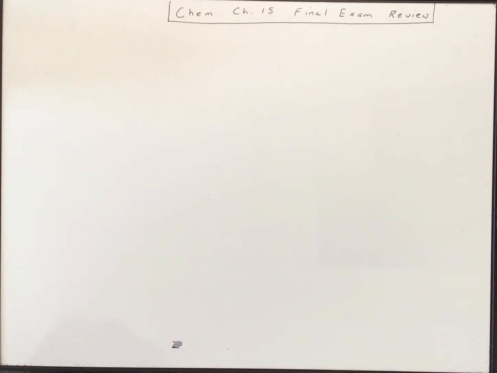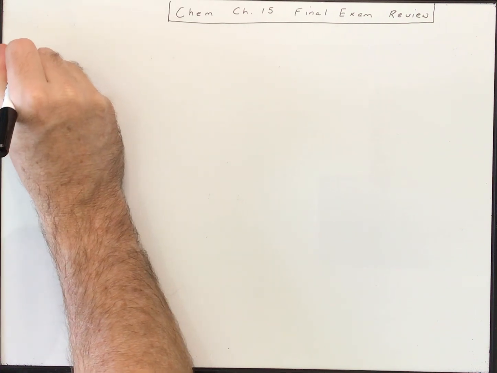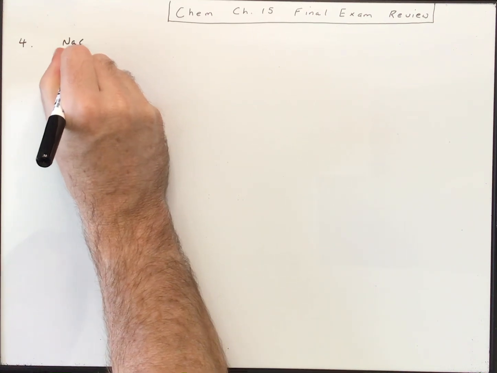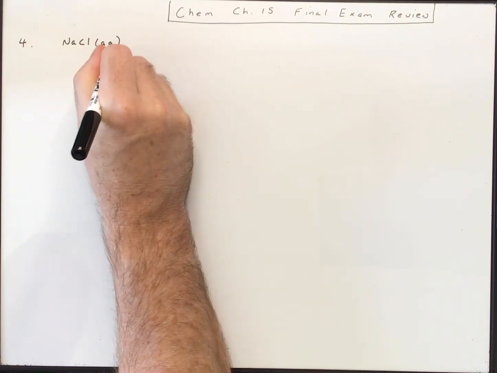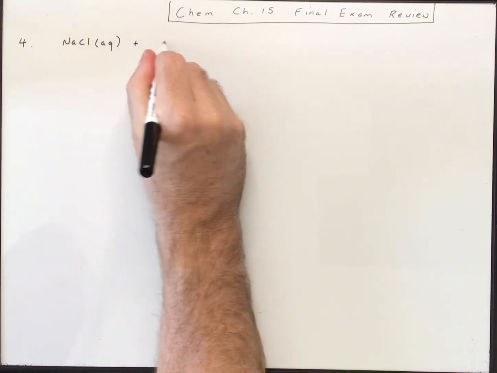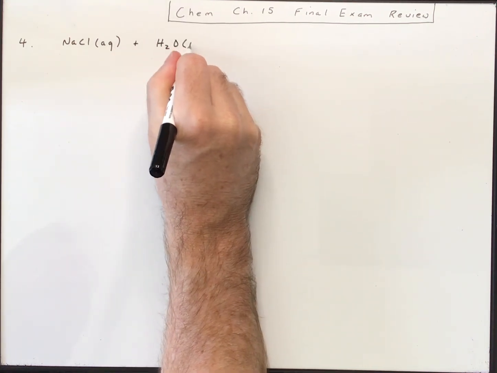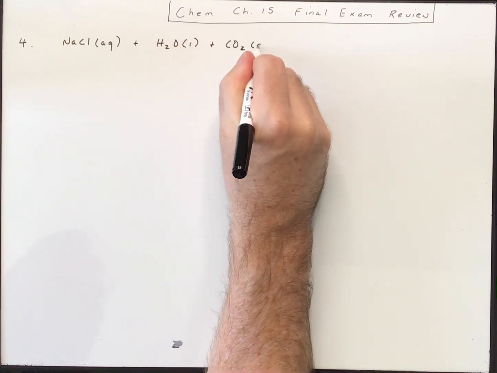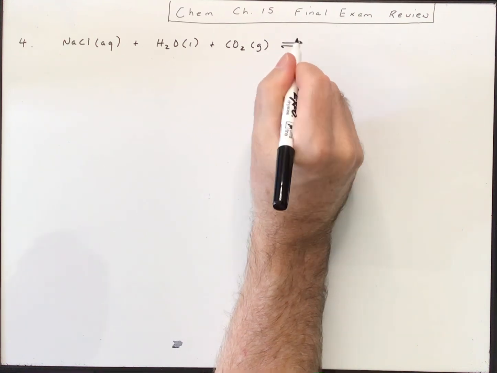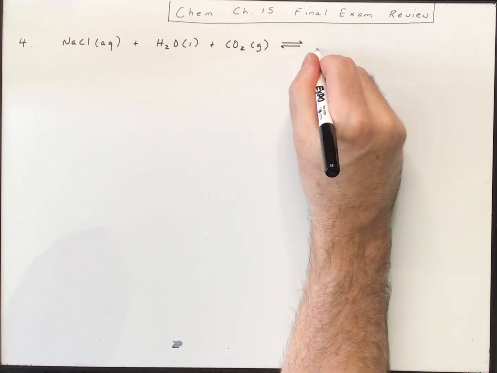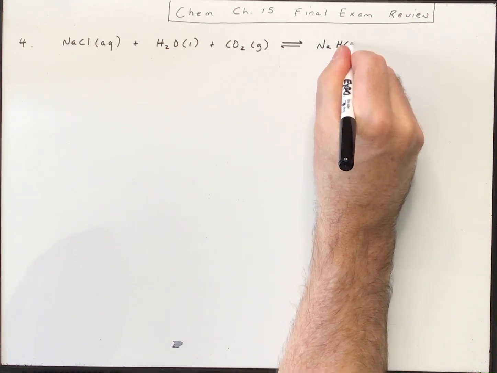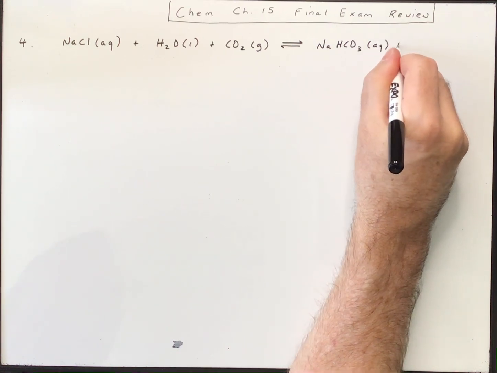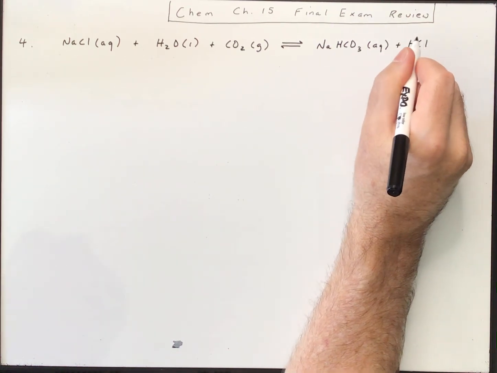Okay, so number 4. So we've got 3 problems in a row like this. We have NaCl aqueous. So if you want to follow along, plus H2O liquid, plus CO2 gas, yields NaHCO3 plus HCl.